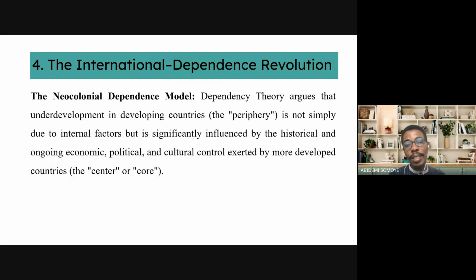The neoclassical dependence model, or dependency theory, argues that underdevelopment in developing countries, the periphery, is not simply due to internal factors, but is significantly influenced by the historical and ongoing economic, political, and cultural control exerted by more developed countries, the center or the core.